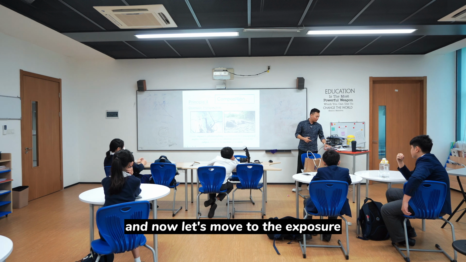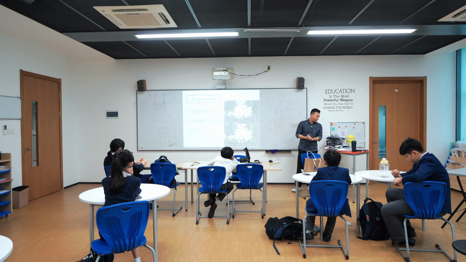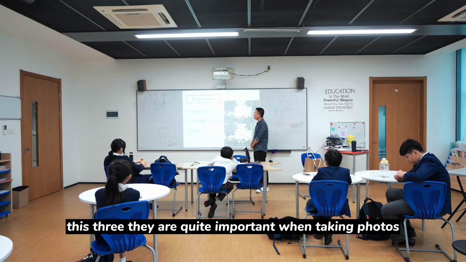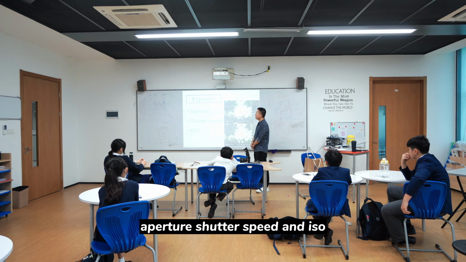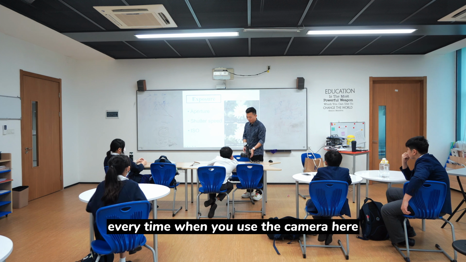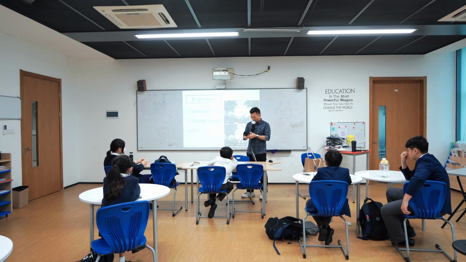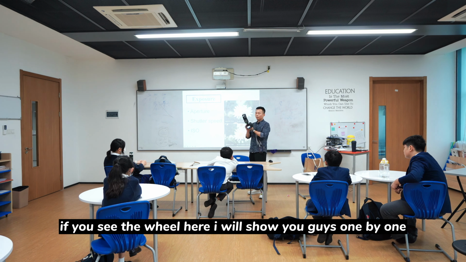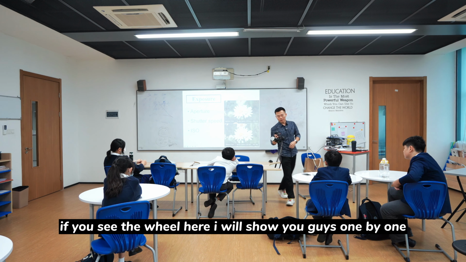And now let's move to exposure. These three are quite important when taking photos: aperture, shutter speed, and ISO. Every time you use the camera, if you see the wheel here, I will show you one by one.